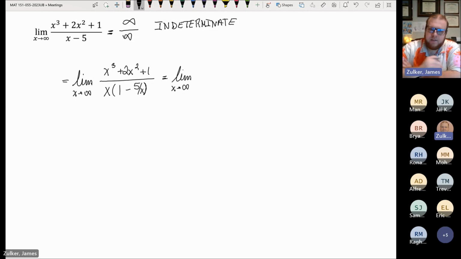This x, or this term that we just factored out, we're going to move it to the numerator. Remember what happens when you move a term to the numerator, or vice versa, when you move it from the numerator to the denominator. You just make the exponent negative.